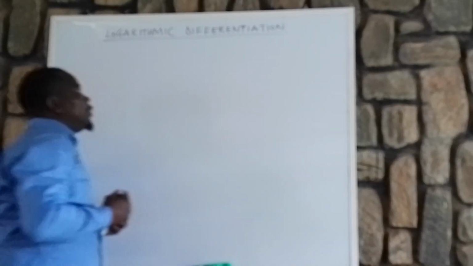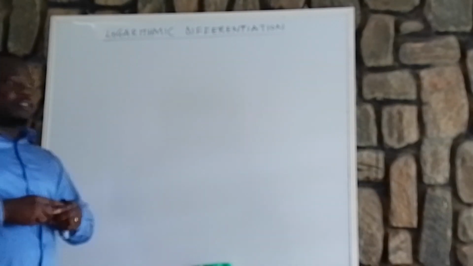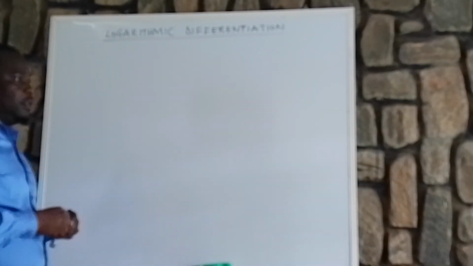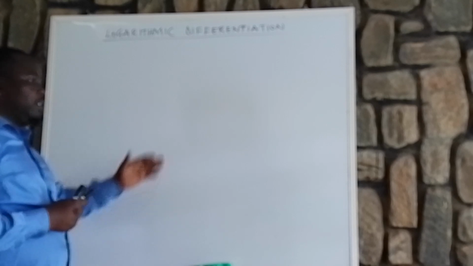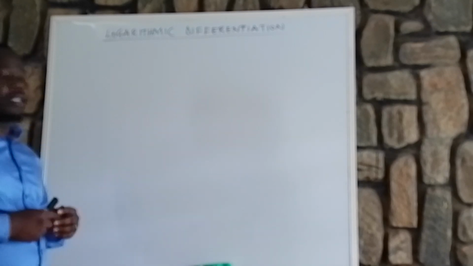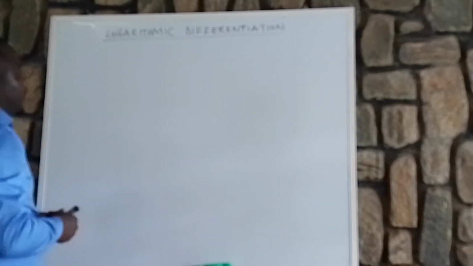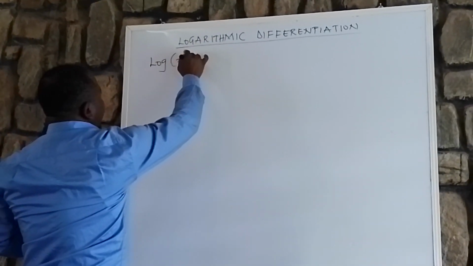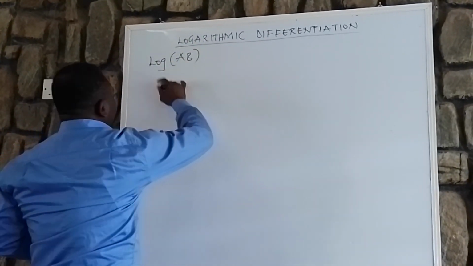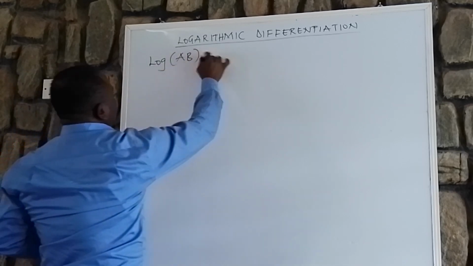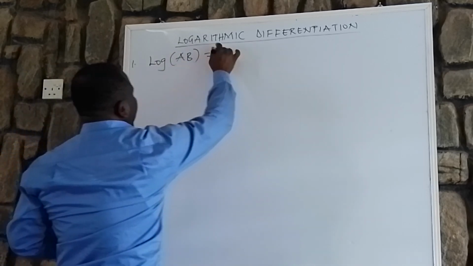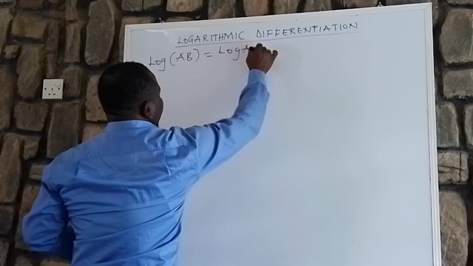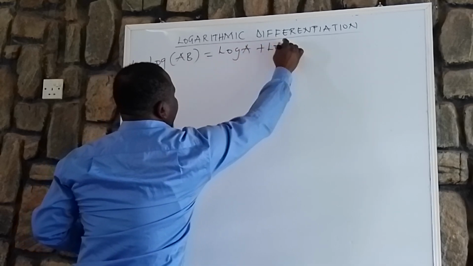Let's recall our elementary trig and algebra. You know very well that in log, one of the laws is log A times B is the same thing as log A plus log B, true or false?